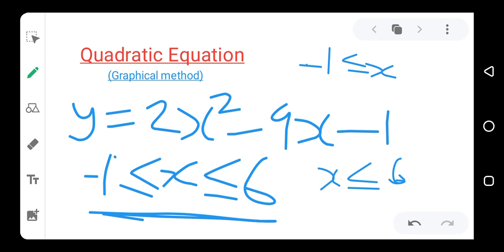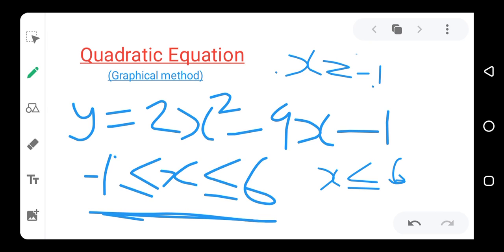What it also means is that x is greater than or equal to minus 1. So if you turn it, you change the sign. If you are moving the x from this side to this side, then you change the sign to greater than. So x means any number that is greater than or equal to minus 1 and is less than or equal to 6.